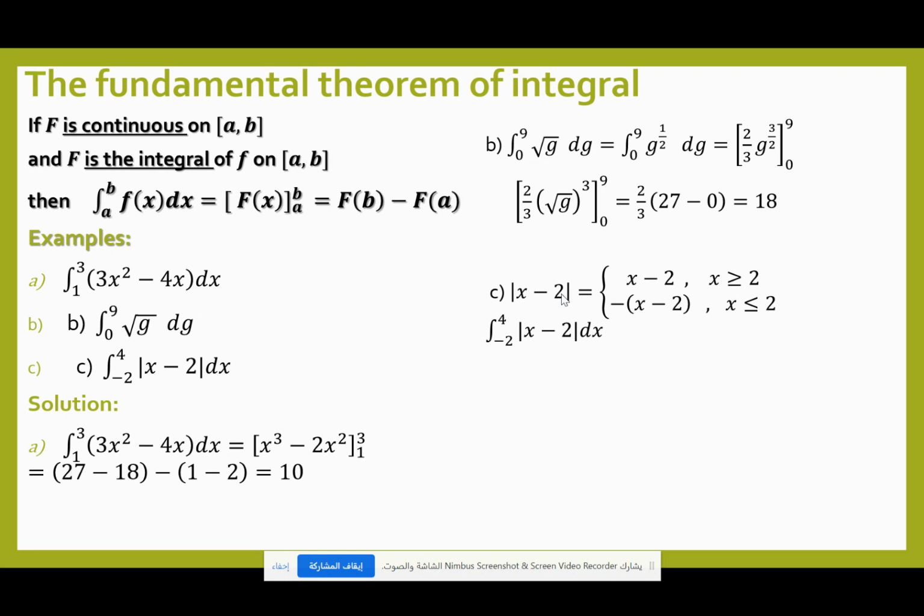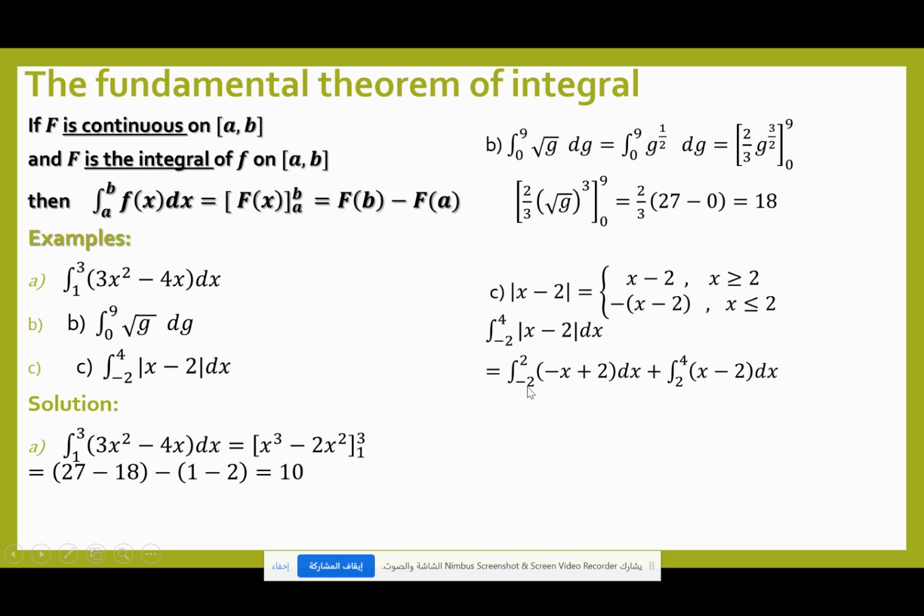So we can integrate it and distribute it to two terms or two regions, like we said before in the theorems for definite integrals. If you can divide your region, if it is large, from negative 2 to 4, into 2 regions, you should.